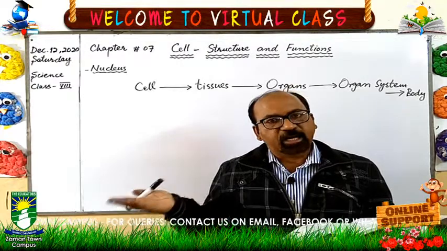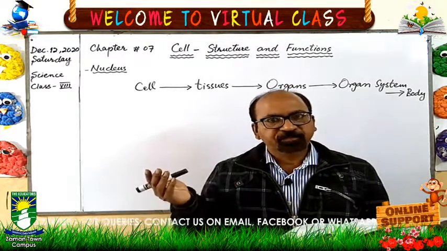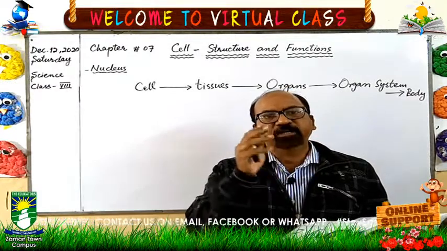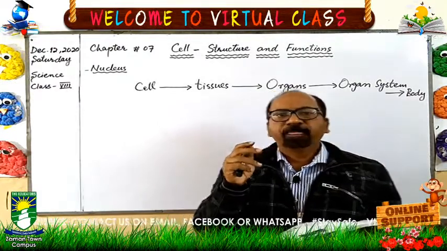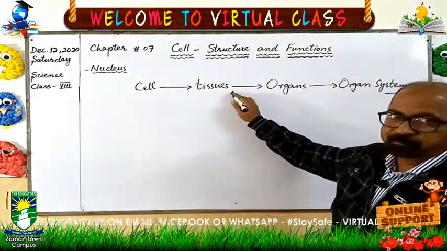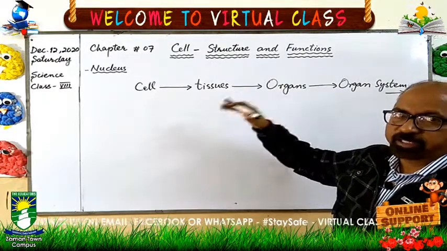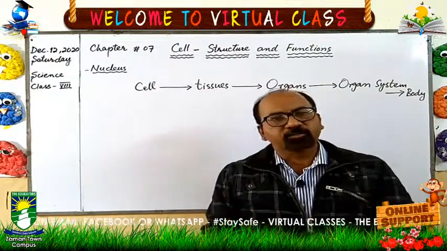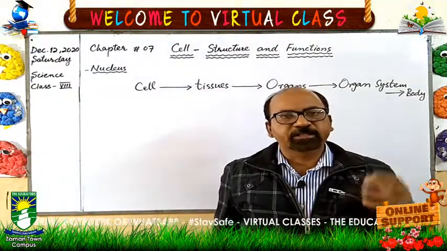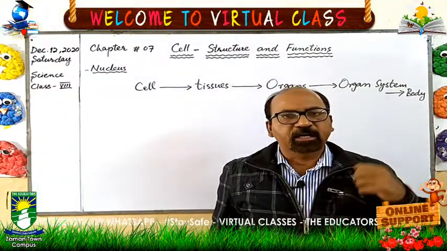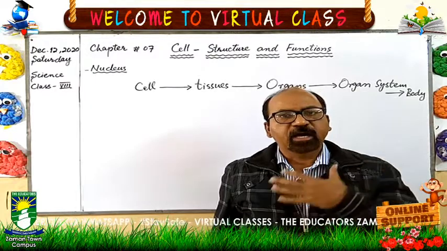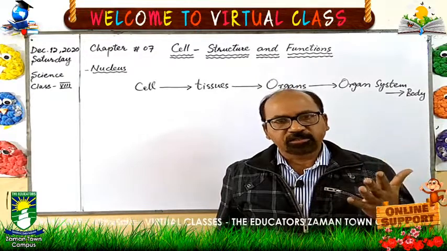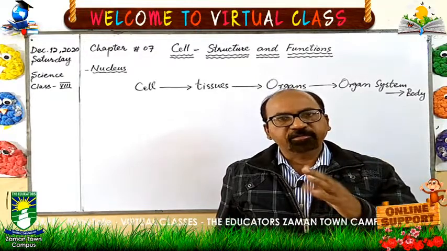Blood is a tissue, and the heart itself is made up of different tissues. So when different tissues join together, they make an organ. In our body there are a lot of organs. For example, our eyes, our kidneys, our lungs, our skin, our heart. These are all different organs. Our hands, our nose.